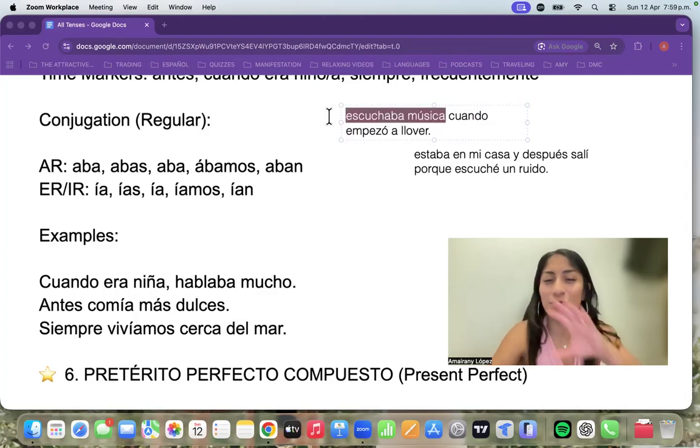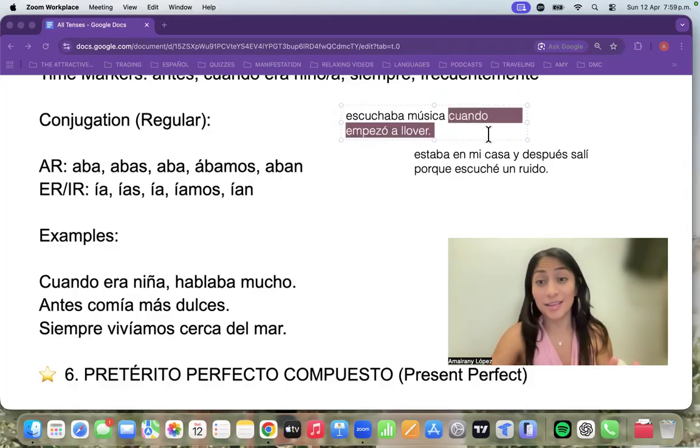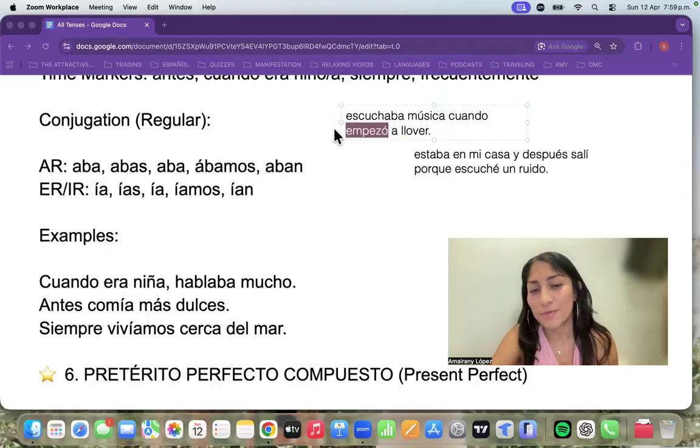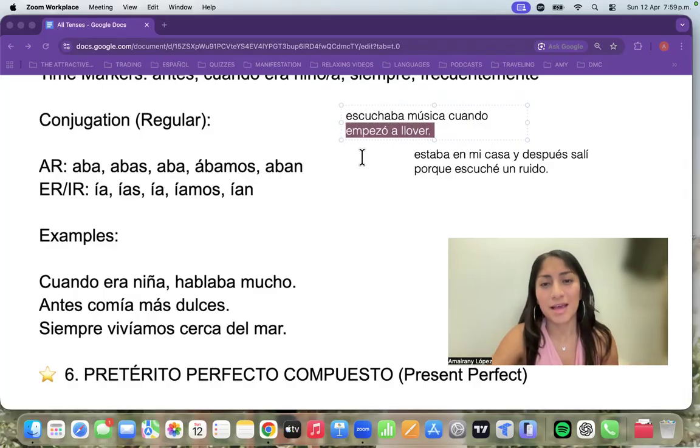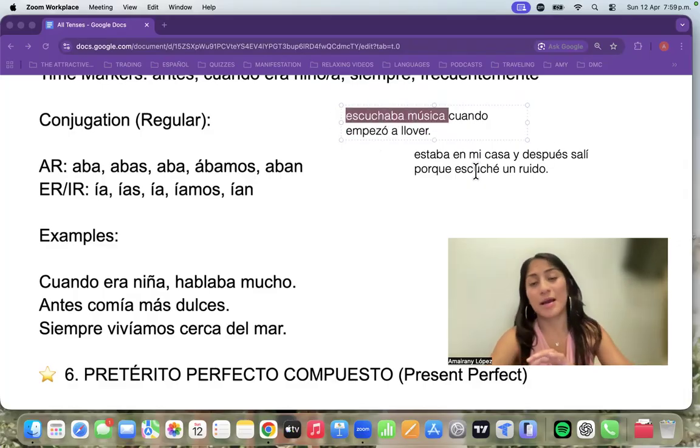So again, it describes the situation, what was happening. And then suddenly it started to rain. So that's how the simple past tense is different from the imperfecto tense. Again, this is more like all of a sudden this happened. And this is, well, I was doing this thing and then something happened.